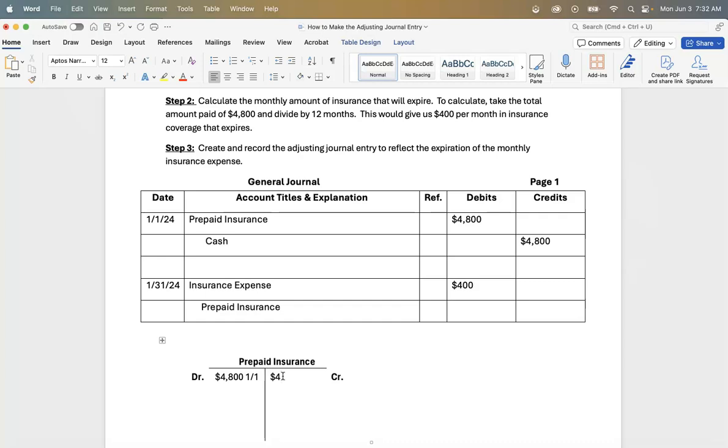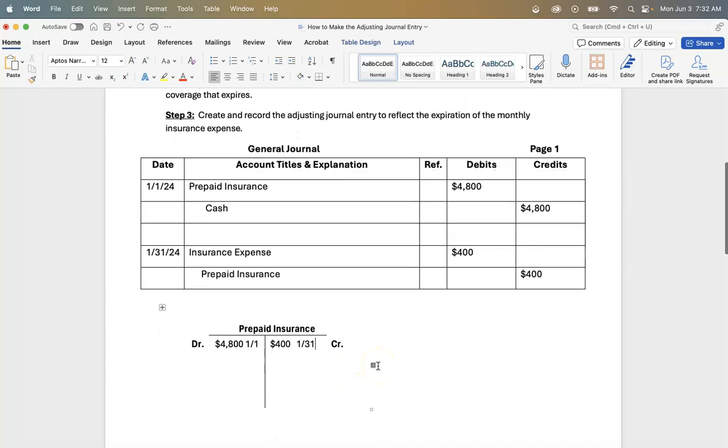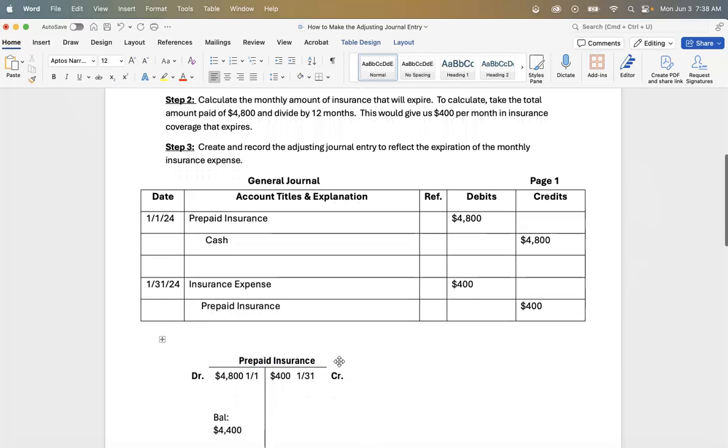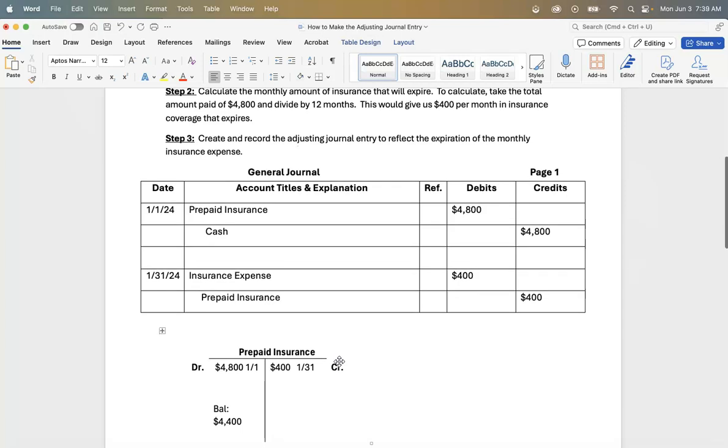Here's our $400 credit entry to our prepaid insurance, and that will be on 1/31. Now at the end of this entry, we can see what our prepaid insurance balance would be. So $4,800 debit minus $400 credit would give us a balance of $4,400 in our prepaid insurance account.